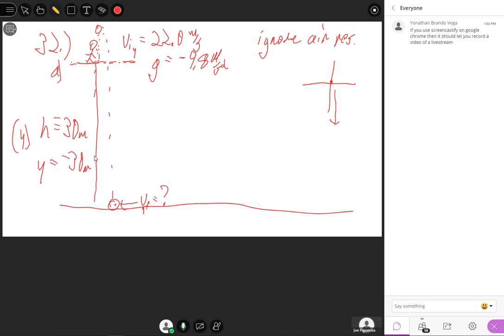Now, there's a couple of different ways. We haven't really looked at the y kinematics yet, but we will. They're basically the same as the x constant acceleration. By the way, is this constant acceleration? It is, is it not? Gravity's constant, right? So this is a constant acceleration problem.